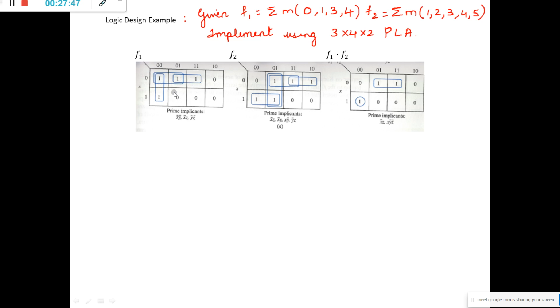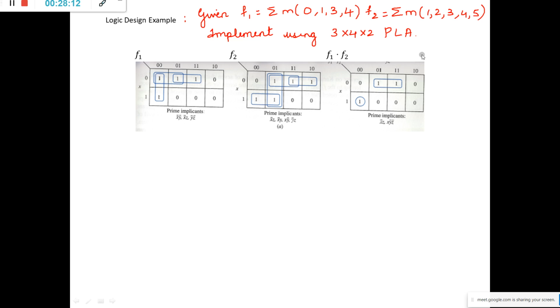So whenever you group this, you will get these product terms. Next F2, 1, 2, 3, 4, 5. Group it and you will get these product terms. So here we have 3 product terms, and here we have 4 product terms.